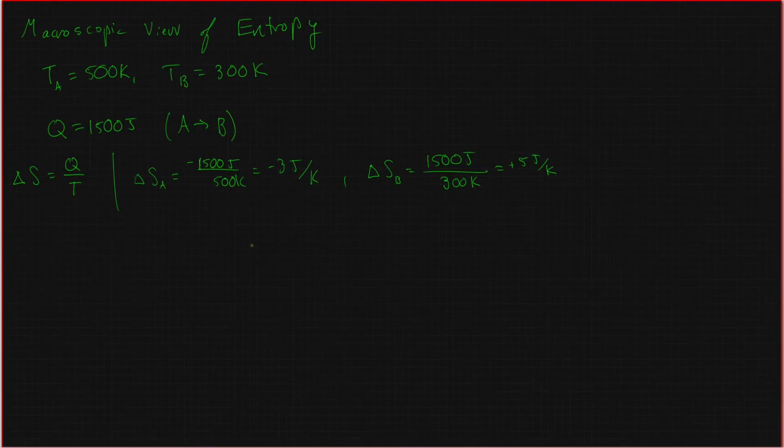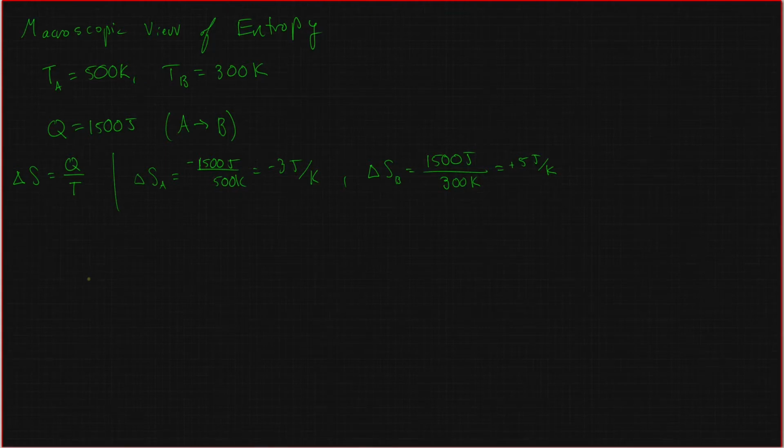So another thing we could ask is, what if the temperatures were the same? What if TA was at 500 Kelvin and TB was also at 500 Kelvin? How would this situation play out? Does anybody have any thoughts about that? It's really easy, but I just want you to think about this. Does heat flow if there's no temperature differential?